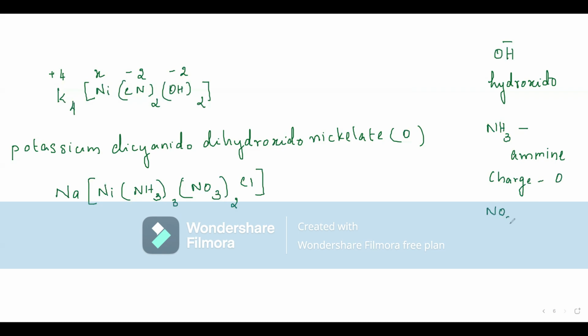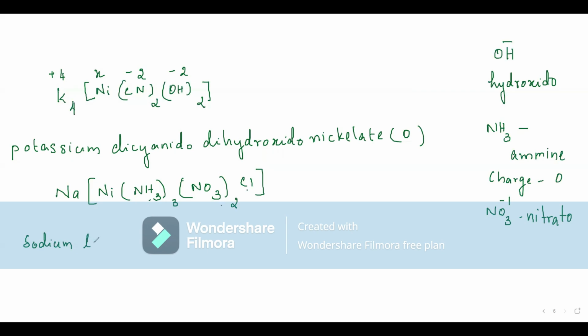Now, NO3 is actually NO3 1 minus, and it's our nitrate, but as a ligand, its name is nitrato. Nitrate is called nitrato as a ligand. Then moving on with the name, this is sodium. Okay, ammine, nitrato, chlorido.